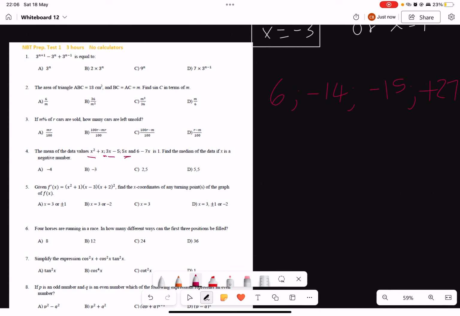Now we need to see, okay, let's see, guys. Oh, actually we got the answer. The x value is positive 3, right? The x value is positive 3. I mean negative 3. Sorry about that.